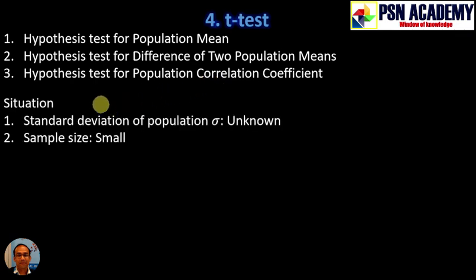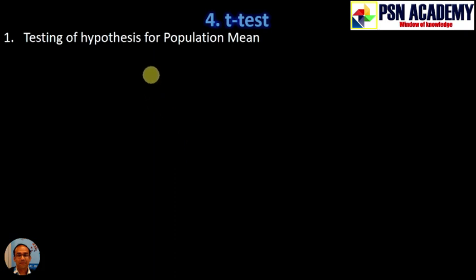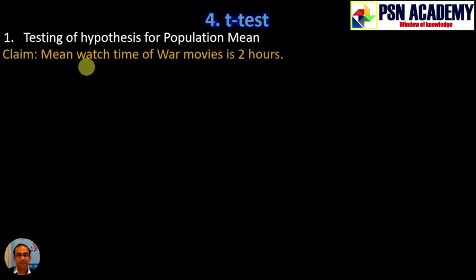So for t-test, you will have no standard deviation available. So this standard deviation sigma will be unknown to you. And when the sample size is small, you can go for t-test. We go for t-test for population mean, right? Now the claim: mean watch time of war movies is 2 hours.